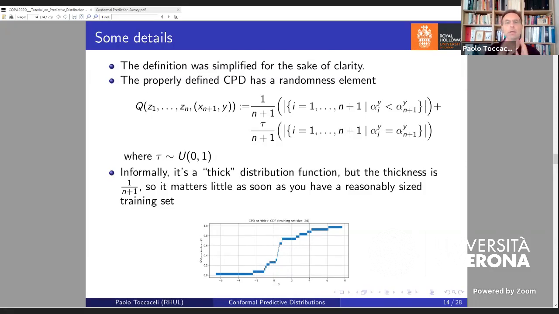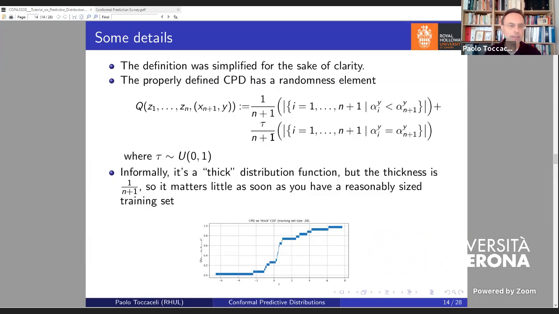So as you see on the screen here, the function Q is defined as before, but then we add another term which counts the ties, so to say. So the number of cases in which we have the same value for alpha. And it multiplies this by a random variable tau distributed uniformly between 0 and 1.